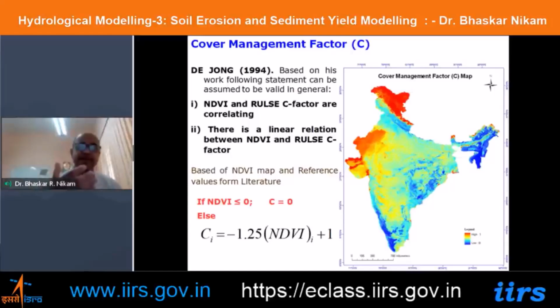Now, if NDVI is equal to 0, what does that mean? That soil is exposed. It's a dry, exposed soil. If it is a wet soil, the value will be 0 or slightly negative. If soil is dry and exposed, the NDVI value will be somewhere around 0. Soil is exposed means what?